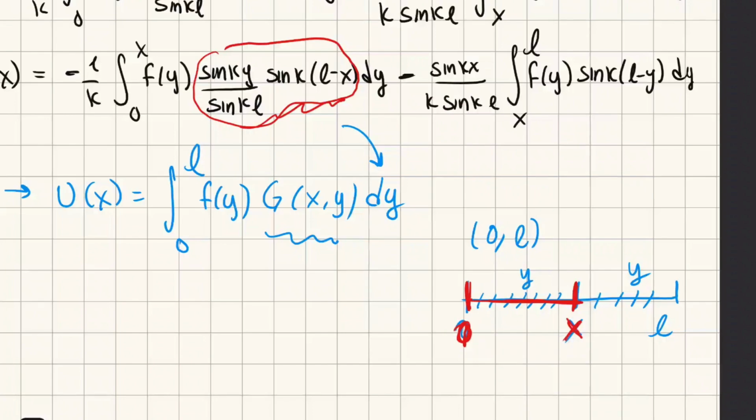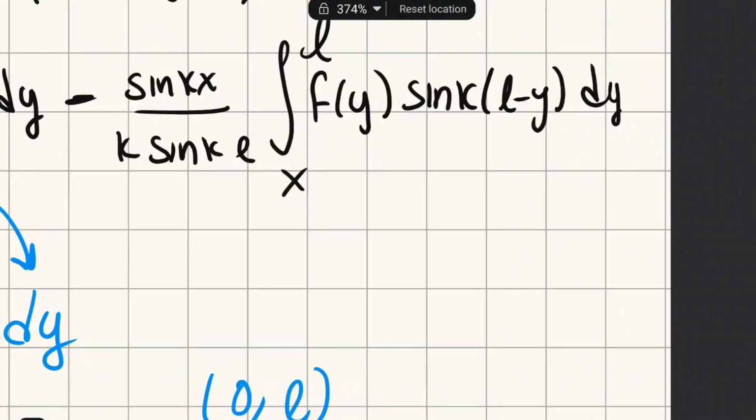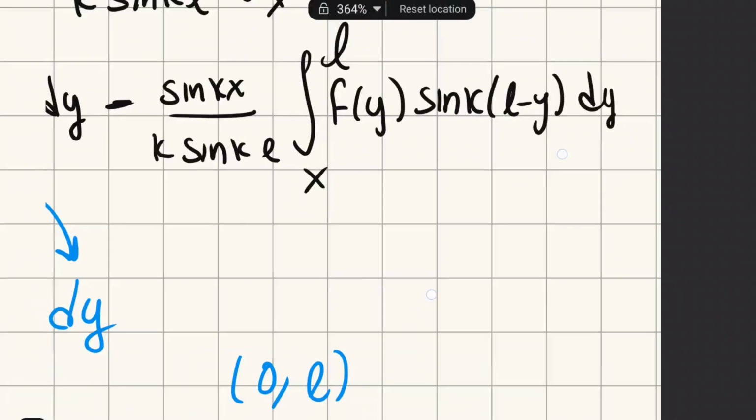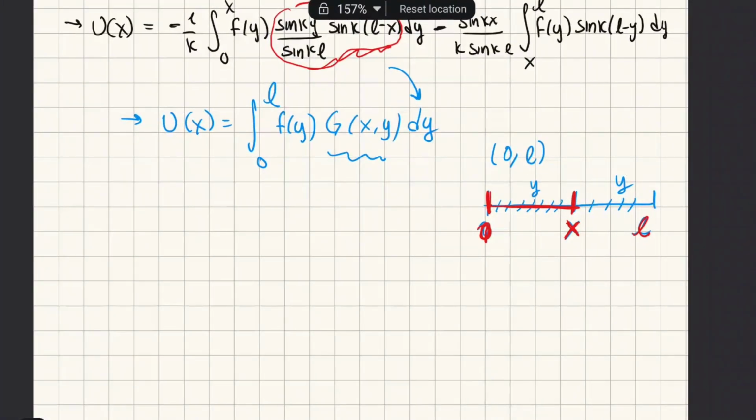And then if we go from x to L, this function g will take the value sine kx divided by k sine kl times sine k(l minus y). So with this, we can define just one integral, but we need to write that down.